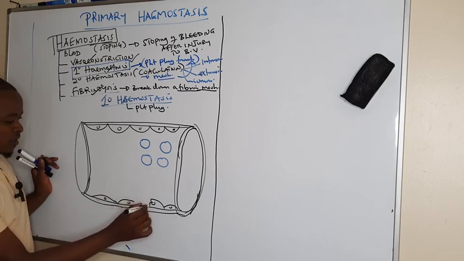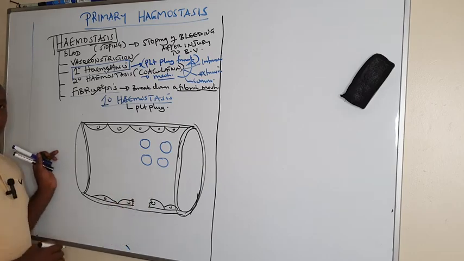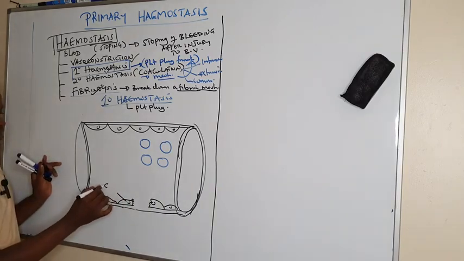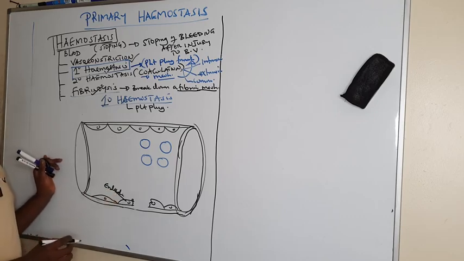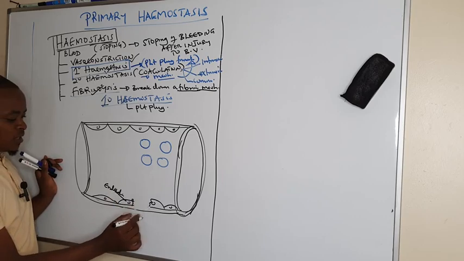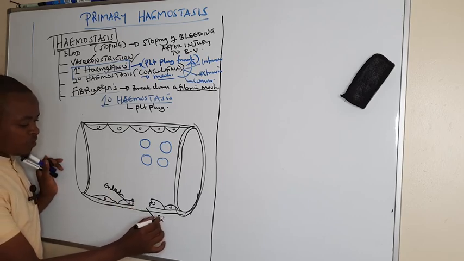This injury is going to destroy the endothelium. This is the endothelium of the blood vessel. So after the injury has occurred, there is exposure of the subendothelium.